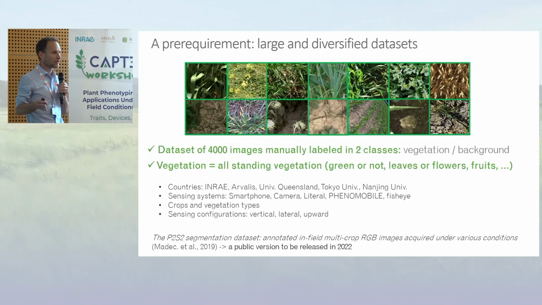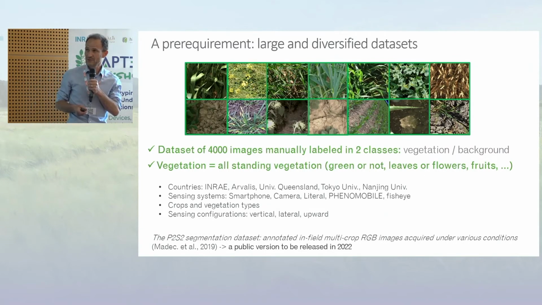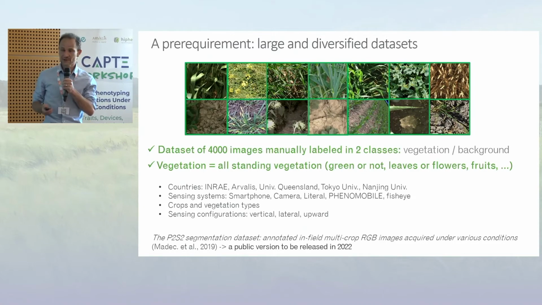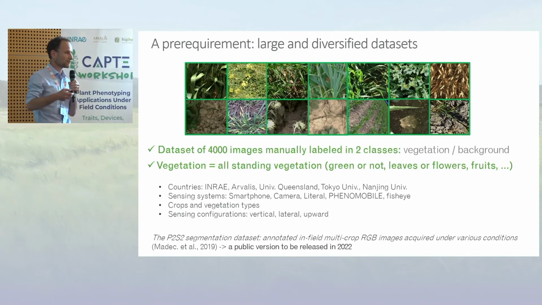So all are RGB, but with different focal lengths, etc. We also have different sensing configurations: some are upwards, downwards, lateral. And last, we considered a large set of crops and vegetation types, so it can be natural vegetation or different kinds of crops.